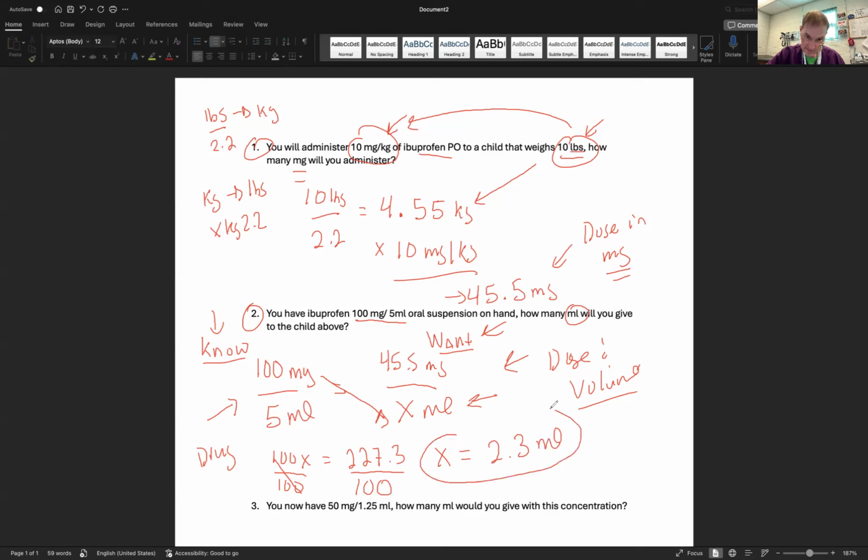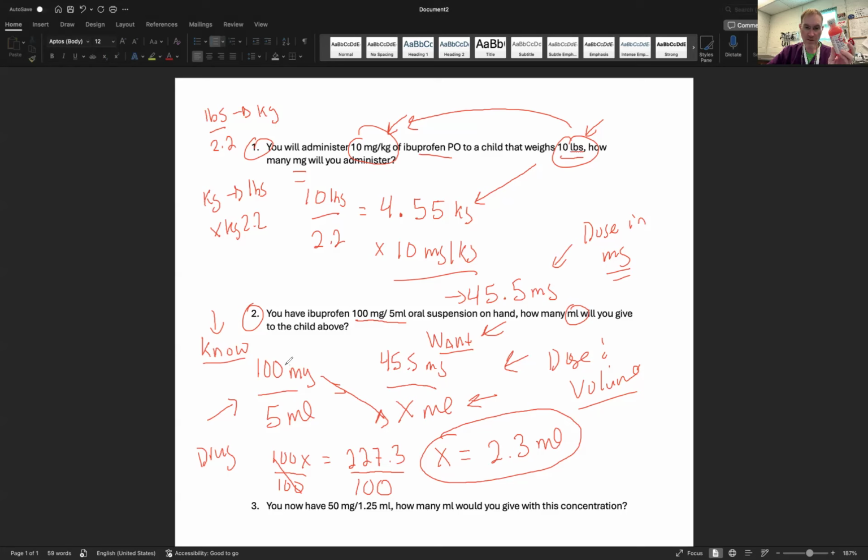Before I choose this as my final answer, let's see if this passes a smell test. This says if I give 2.3 milliliters of this solution, I will have given my patient 45.5 milligrams. Does that pass a smell test? Well, I know that there are 100 milligrams in every 5 milliliters.